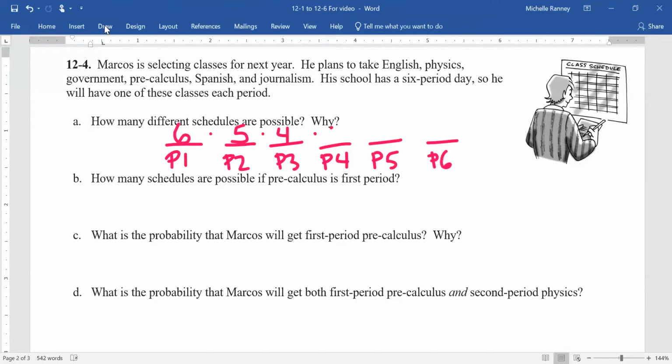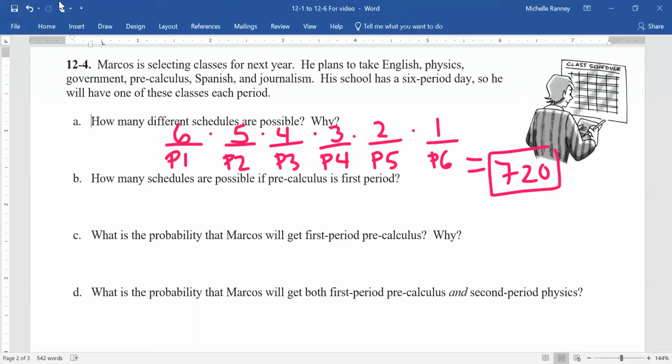And then 3, and then 2, and then 1. So we're going to be multiplying out 6 times 5 times 4 times 3 times 2 times 1. And when we do work that out, that ends up being 720. He has 720 different choices for his schedule.